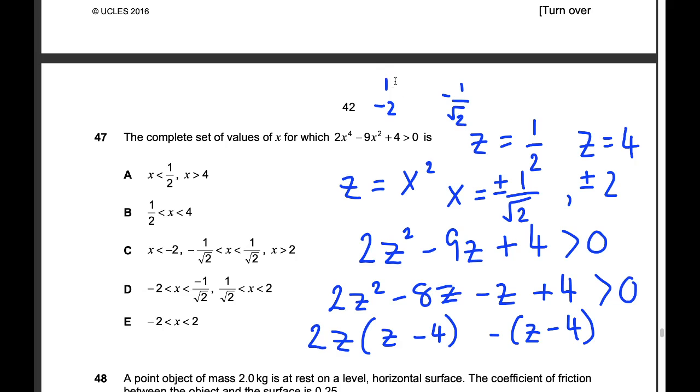So it will be under the axis there, and it will then be above the axis for a little while, and at 1 over root 2, it's going to dip below the axis again, and at 2, it's going to rise above the x-axis again. So it's in this range and in this range. Okay, so which answer is that? That is answer D.